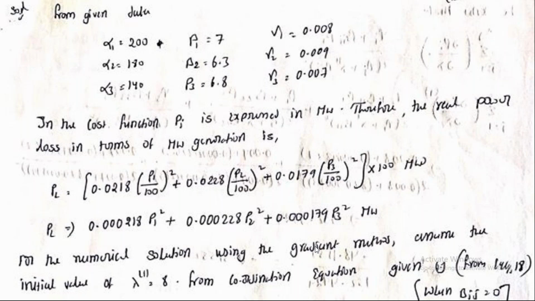First, we have to assume the lambda value. In this problem, I am considering lambda equals 8. So how can we assume lambda equals 8?